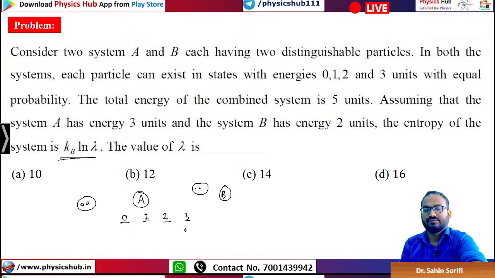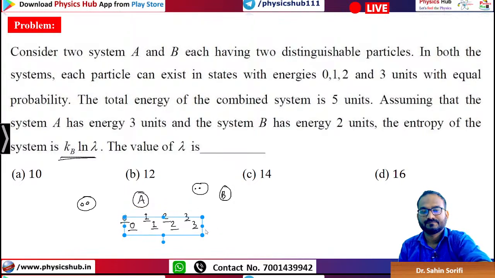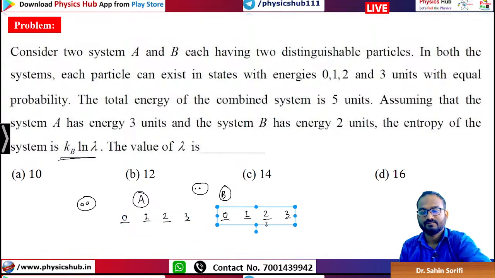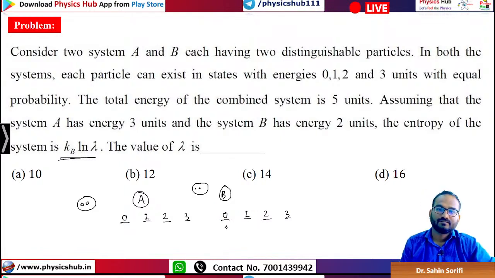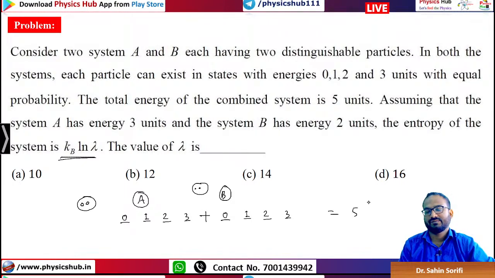Same is true for system B as well, and it is of equal probability. Total energy of the combined system is 5 units. Here energy is 0, here it is 1 unit, here 2 units, here 3. So if you add this total, you will get 5 units.